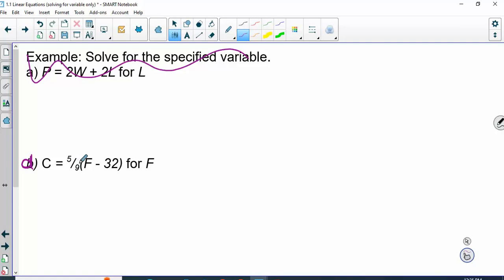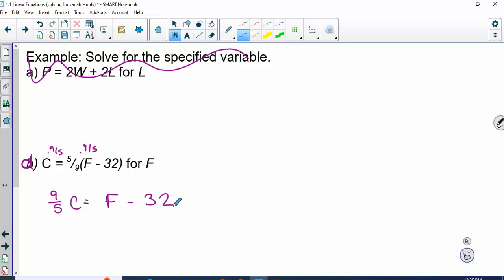Yes, good. So if you have a fraction, easy way to move it to the other side is to multiply by the reciprocal, so 9 over 5. Not the only option, but definitely the easiest.